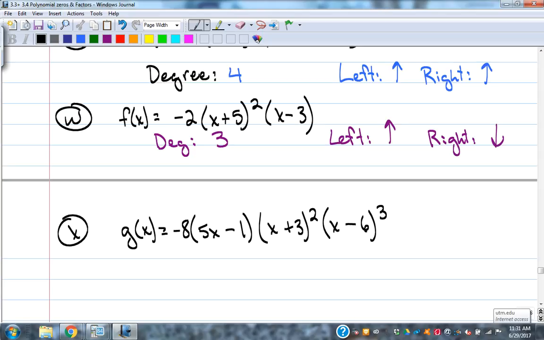This would be a very good example of one that will not fit in a graph very well. We wouldn't be able to see a lot of the ends on this one, I don't think.